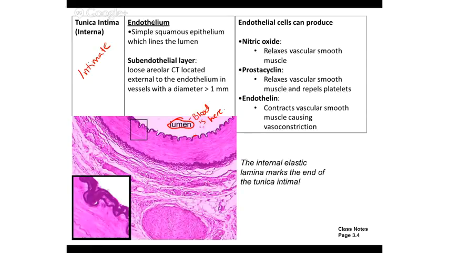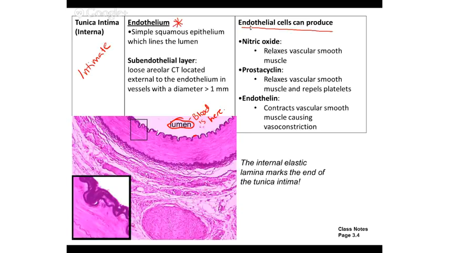So the endothelium is a really important layer. It doesn't just act as a kind of barrier between where the blood is and where the muscle is. It also is very active. It can produce all types of chemical signals that can either relax or contract blood vessels. So the endothelium is a really important part of the blood vessel.